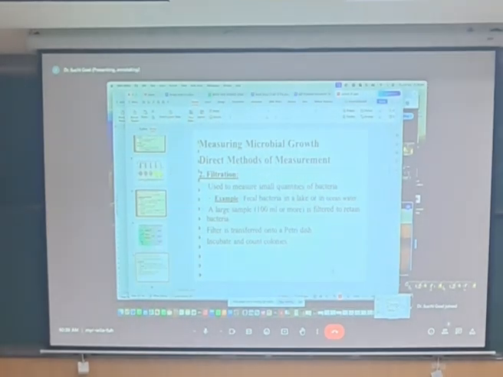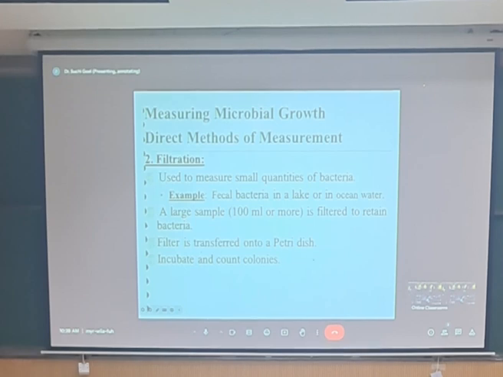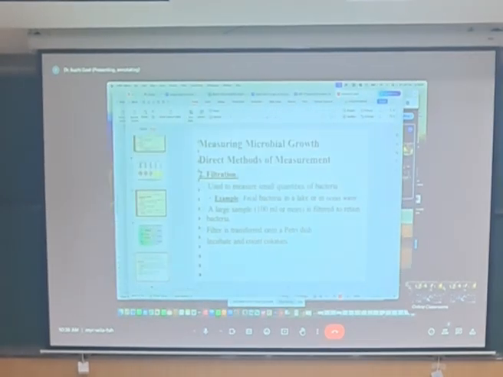For example, if you have a large sample, then you normally filter it on a 0.22 micrometer membrane, and then you transfer it onto a petri dish, incubate and count the colonies. Okay, so that's the way you do filtration method counting.